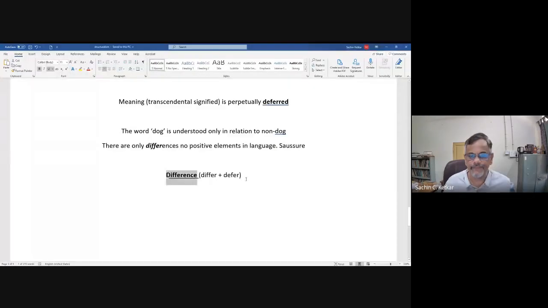However, all Western philosophy is based on the belief that there is a transcendental signifier.